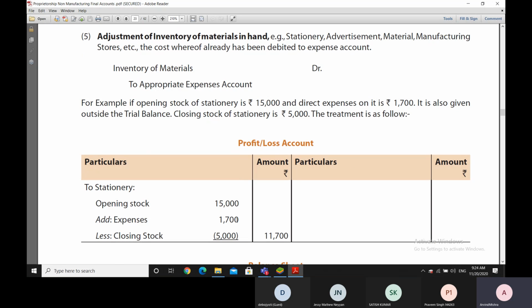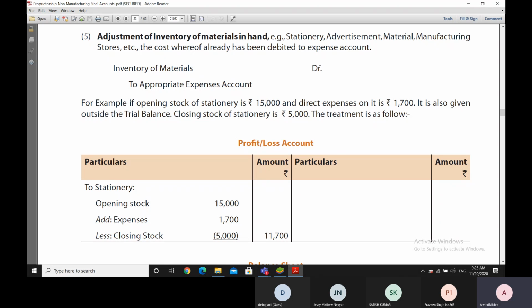Now, how are we adding these expenses of 1,700 rupees? We have to understand that we have made this expenditure here, right? And we have put that expenditure into the appropriate expenditure account. Now what we are doing is crediting the appropriate expenditure account and debiting the inventory of the material account.